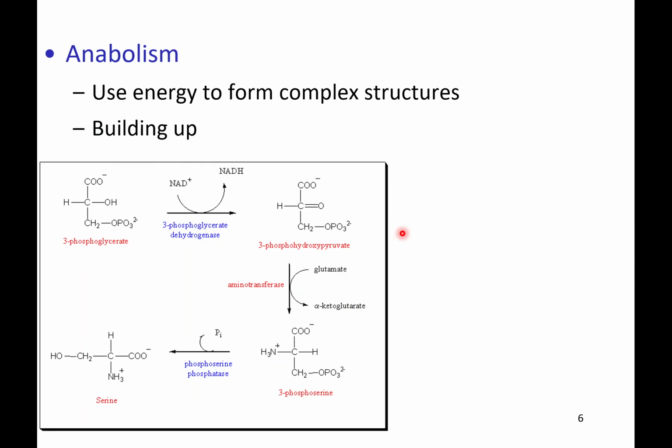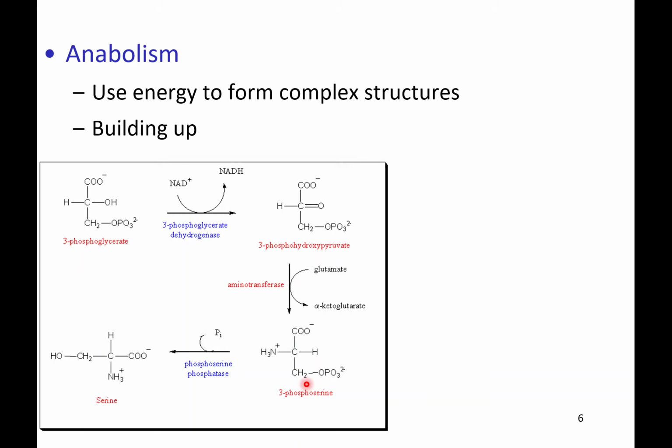Okay. The other part of metabolism is anabolism, and that is where you use energy to form more complex structures. You take less complex structures, building blocks, you put them together, you build up to a more complex structure.